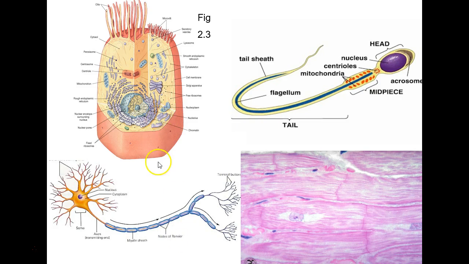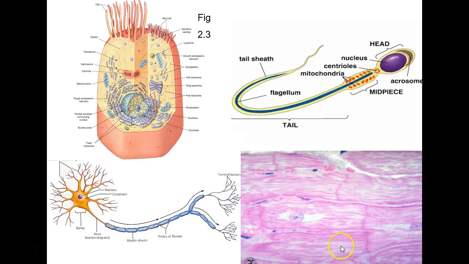Okay, this is just showing you differences in what a cell can look like. Look at a neuron compared to this, which is cardiac muscle. You know it's cardiac muscle because you have these beautiful intercalated discs right here and right there. You remember cardiac muscle is branched. It's singly nucleated for the most part. Every now and then you'll find 2, according to some of my buddies. It has intercalated discs.